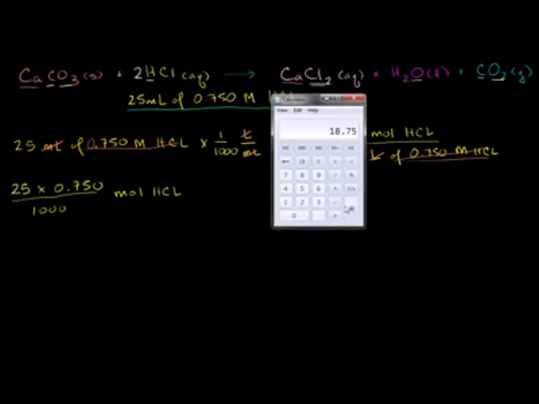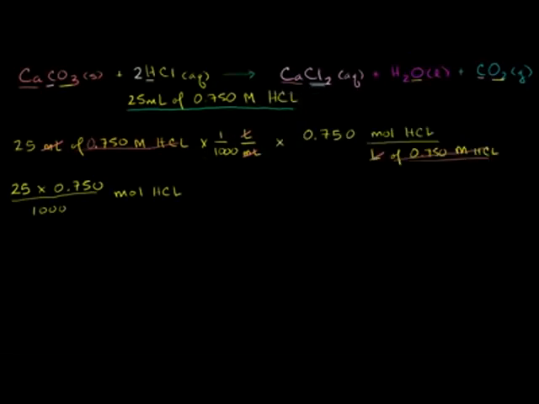So that is, let's see, 25 times 0.75 divided by 1,000 is equal to 0.01875. So let me write that down.